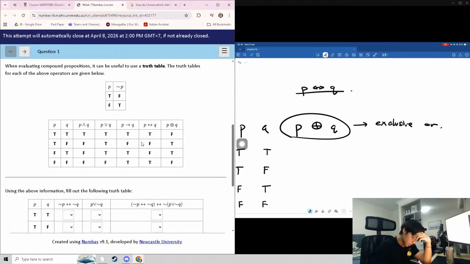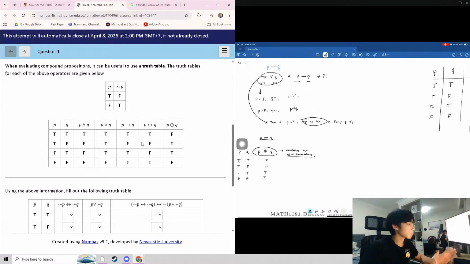No, it's never the same values. So if this is true and true, it's not. That's false. This is true and this is false. Okay, that's fine.